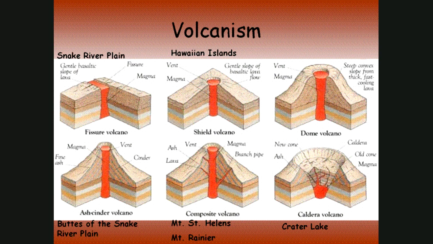Now, every now and then, a cone forms and the magma chamber below it, through a massive and violent eruption, empties itself. And so you have this massive cone sitting above an almost empty magma chamber, and the top of the cone collapses down into that chamber. Now, that gives you a shorter volcanic cone, but it's also wider at the top, isn't it?